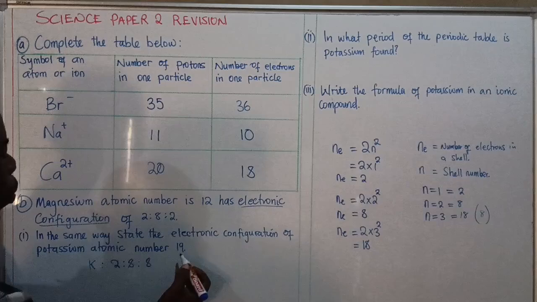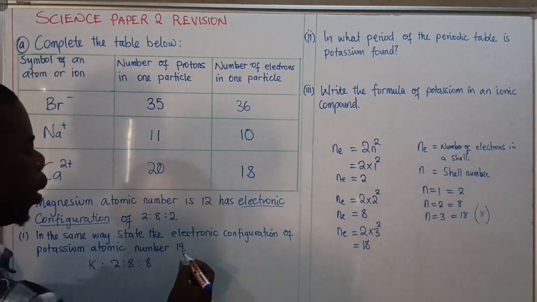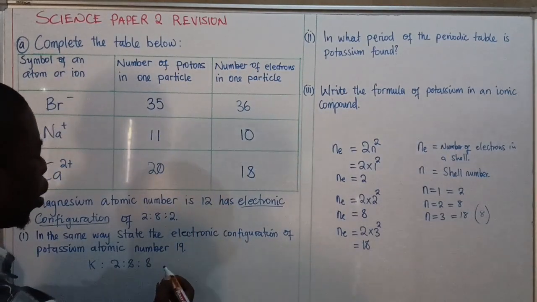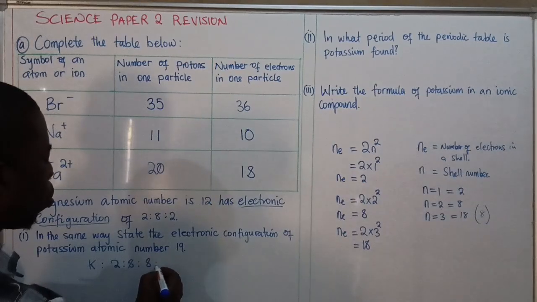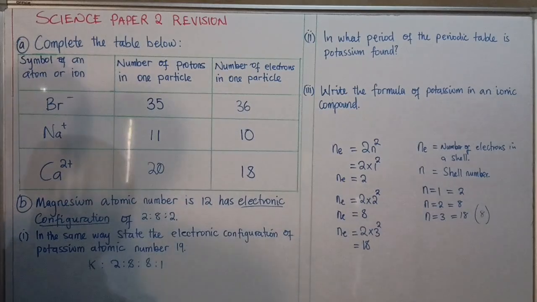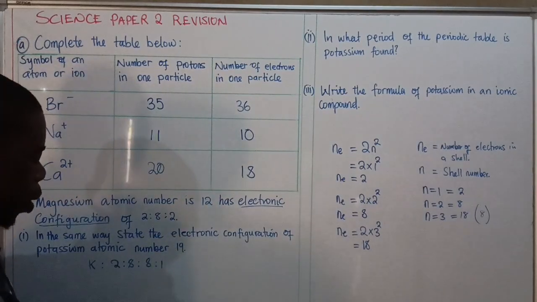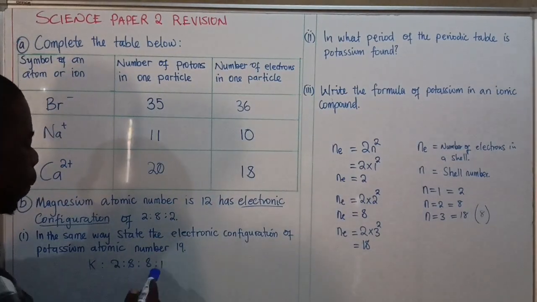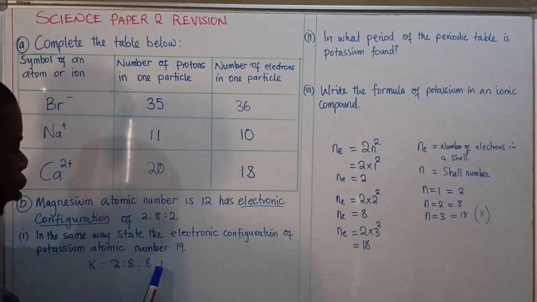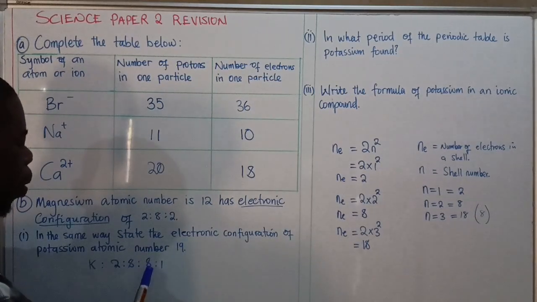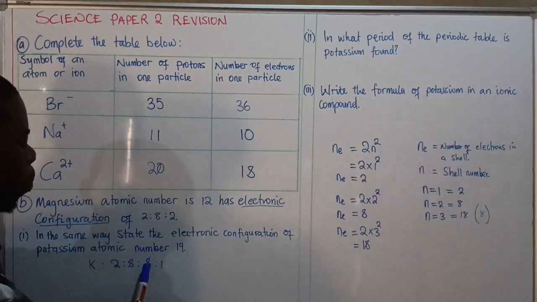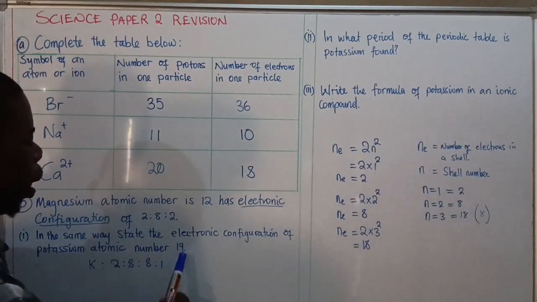From that 9 remaining, when you remove 8 and place here, you remain with 1. So 1 will be placed in the next shell here. So this will be the electronic configuration for potassium. When you total these, they should give you 19. 2 plus 8 is 10. 10 plus 8, 18. 18 plus 1, 19.